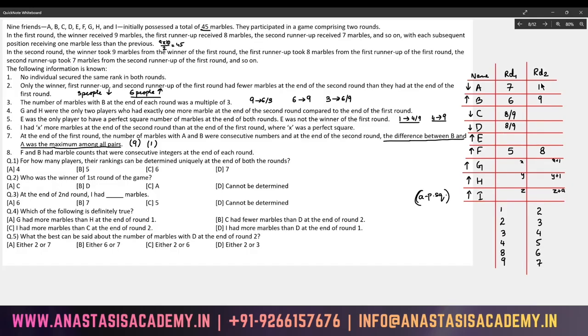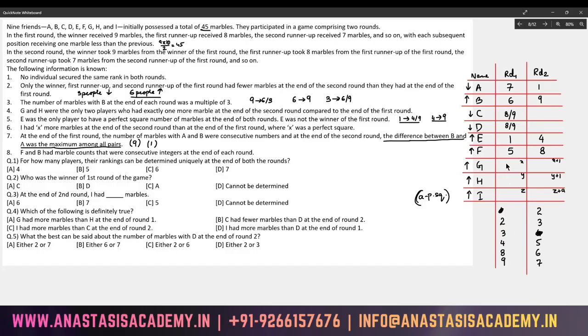So in round 2, the only way it works is he must have 4 marbles. And in round 1, if he had 4 marbles, in both the rounds he would have an equal number of marbles. He cannot have 9 marbles because C or D have 9 marbles. So the only way it works is he had 1 marble in round 1. So this score is no longer available.